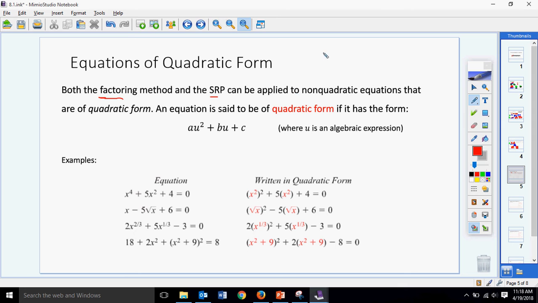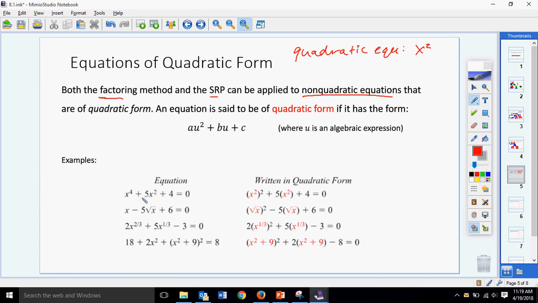Remember, a quadratic equation has an x squared in it. So non-quadratic equations won't have an x squared. Down here it gives some examples. In the first one, this is the original equation.